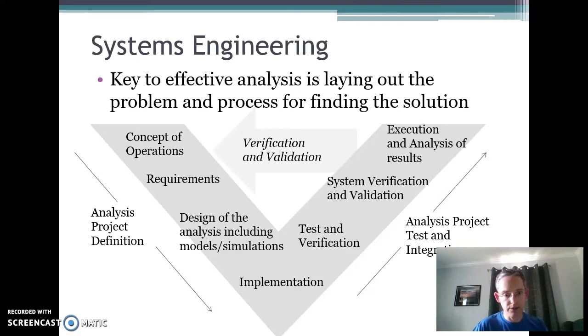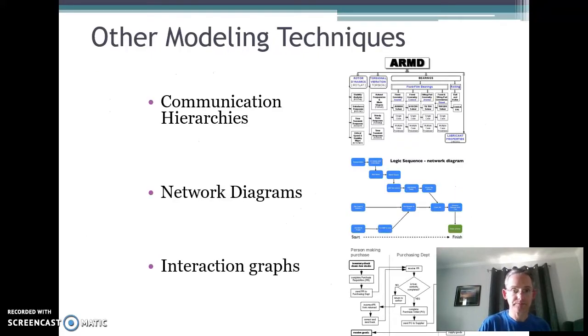So as you're executing from a systems engineering approach, you're really decomposing and making sure as you go you're representing this thing correctly, and you're getting that verification validation loop as you go forward, verifying basically the system is correct and validating that it's operating in the correct way. A lot of times the customer is going to be involved in this execution, but they're going to rely on you as the analyst to actually execute all this stuff effectively.